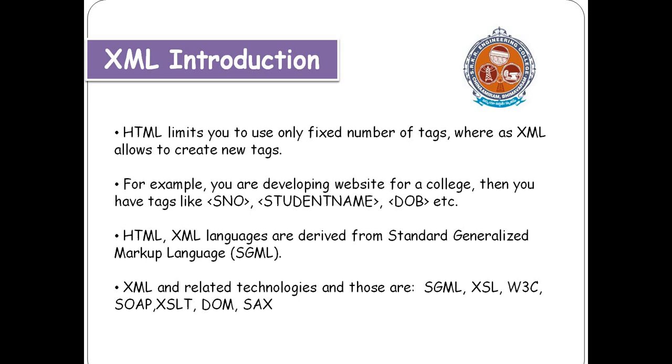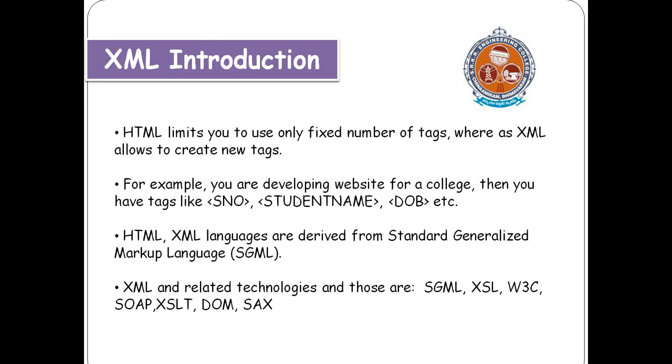But XML allows you to create new tags, that means users can build their own tags. For example, if you want to use serial number as a tag, you can use serial number in between angle brackets. Similarly, student name, date of birth, whatever the field, can be used as a tag in XML, but it is not possible in HTML.